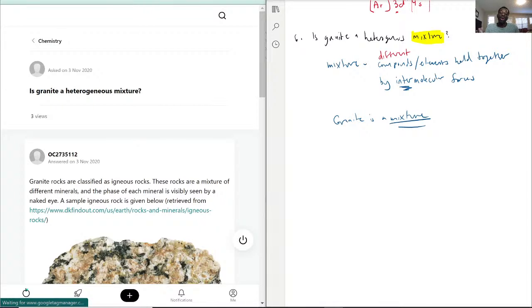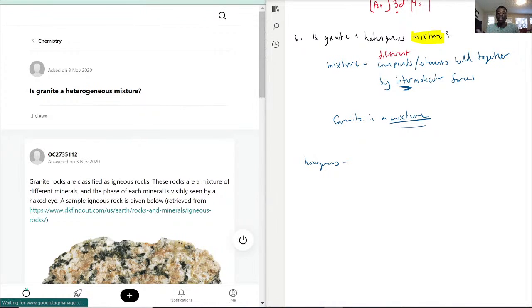Now, homogeneous versus heterogeneous, that's what we're going to discuss next. Homogeneous is the type of mixture where everything looks the same, which is why I brought up the bronze. If you have a really pure bronze sheet, everything looks bronze.